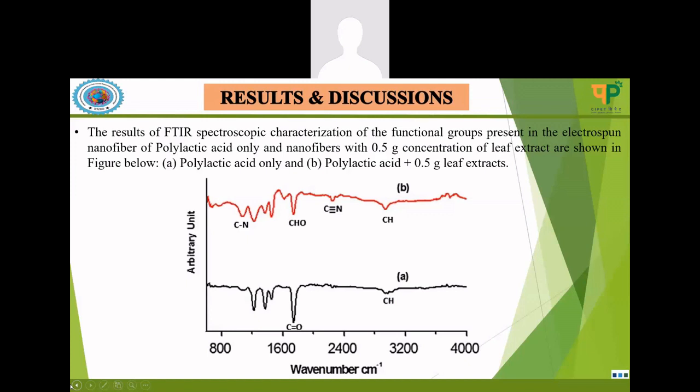Other peaks observed are CH stretching at 2933 and 1633 centimeter inverse due to the amide 1 and amide 2 regions. Also, the amine stretch vibrational band around 1050 centimeter inverse, and carbonyl groups like C-H stretching at 1756, confirming the presence of alcohol and carboxylic acid groups in the leaf extract present in the PLA nanofibers.